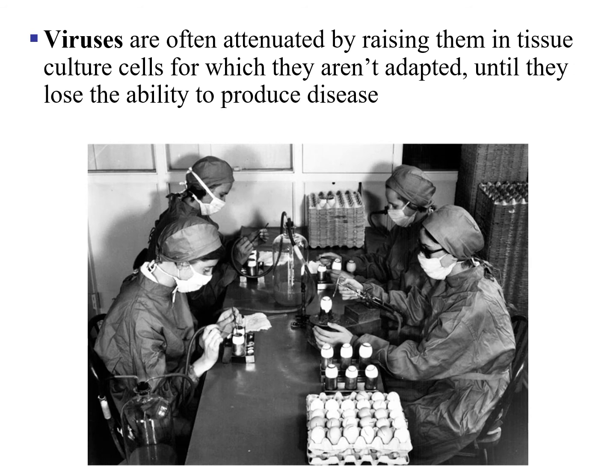Viruses are often attenuated by raising them in tissue culture cells for which they are not adapted. Therefore, with the constant replication in tissue culture that it is not prepared for, the virus will lose its ability to produce the disease. We therefore weaken the virus.